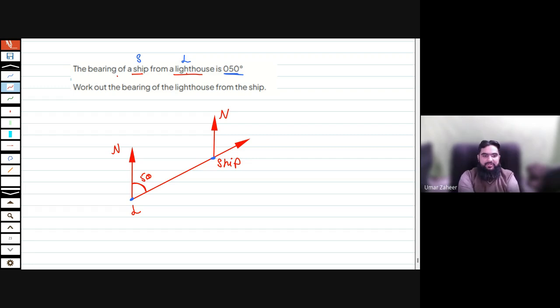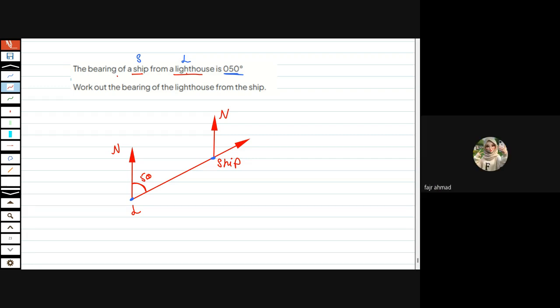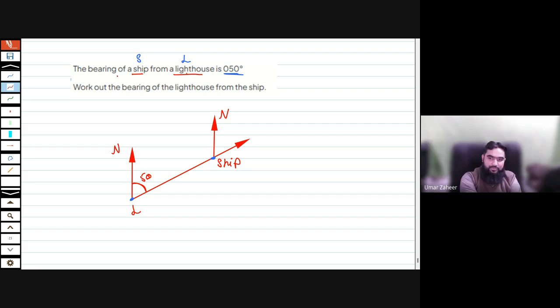The question was clear. Sometimes students get confused about where to take the ship. For example, if you take the ship here, obviously at this position you are not going to get the lighthouse.